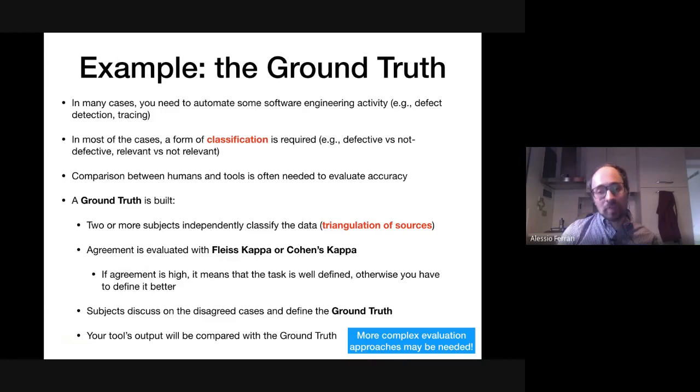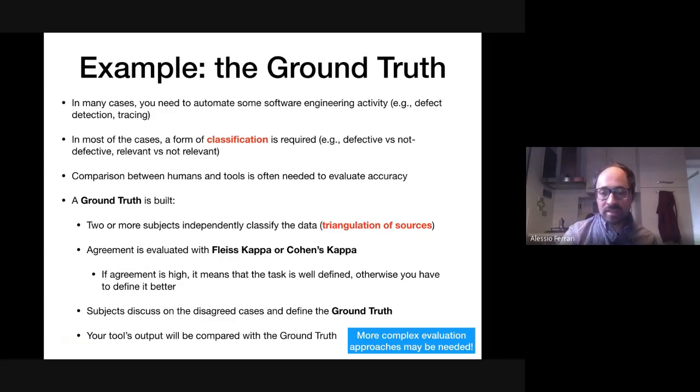Of course, you may have more complex cases, because classification is one of the simplest tasks theoretically. So in the case of code generation, you may need different evaluation measures, or in the case of, for example, comment generation, that is another activity that may be needed. The evaluation may require some measures from the natural language processing field.